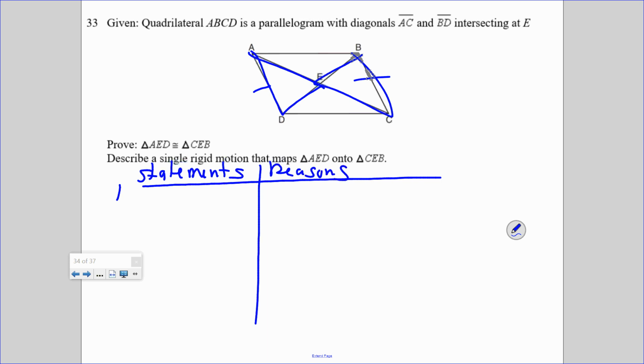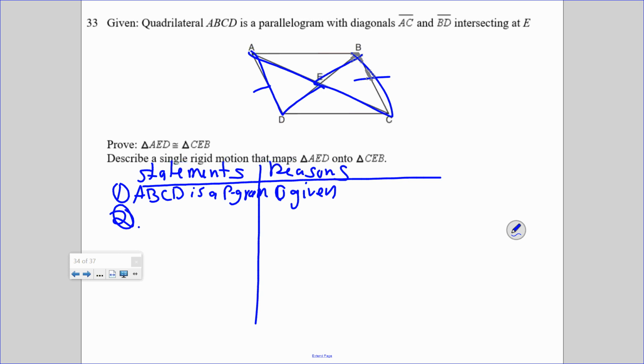I can state, first of all, you have to tell me that ABCD is a parallelogram. Trying to write small, I don't know how well it's going to work out.